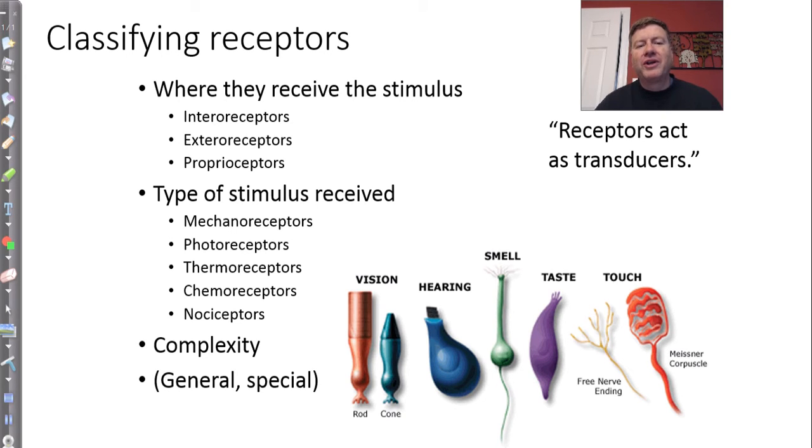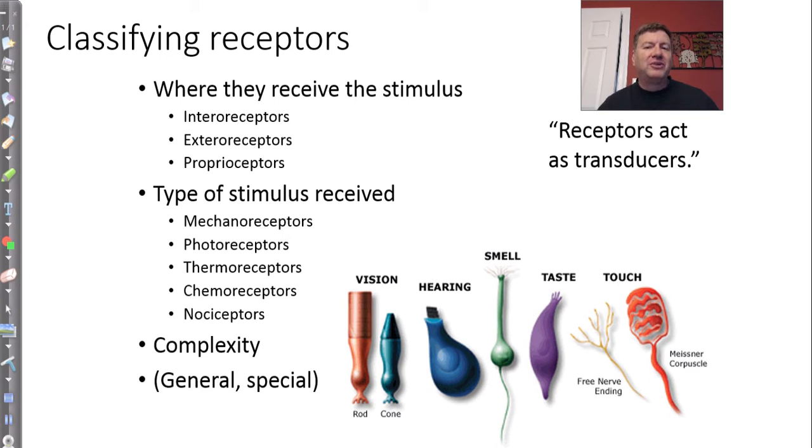And then we'll look at one way of classifying them on the next slide, which is general or special receptors. But what I want to do here before we go on is give you this quote: receptors act as transducers. And you're going, well, what does that mean? Receptors act as transducers.